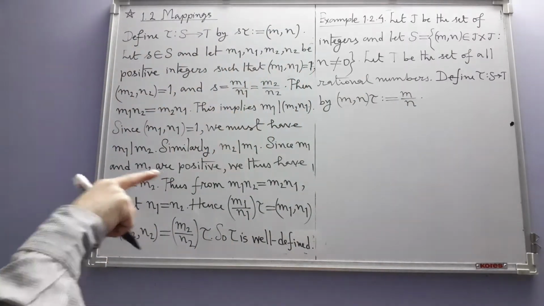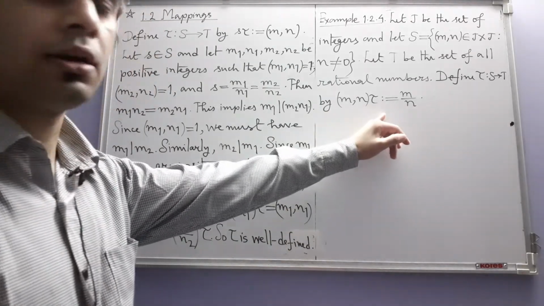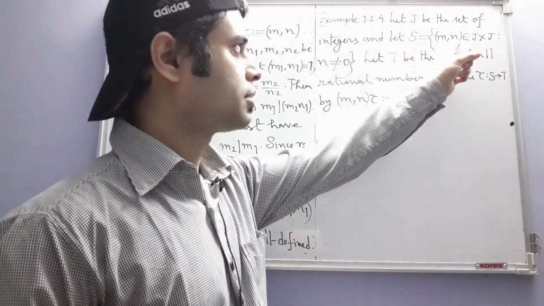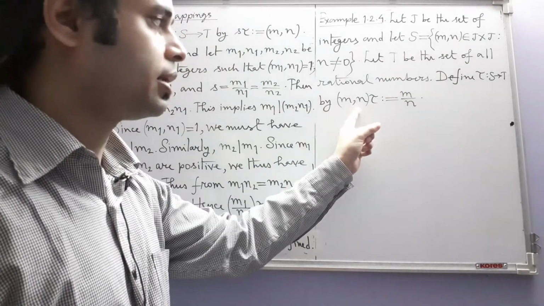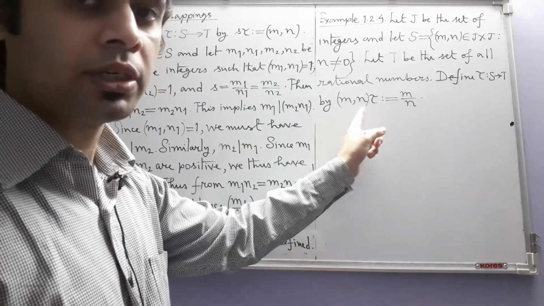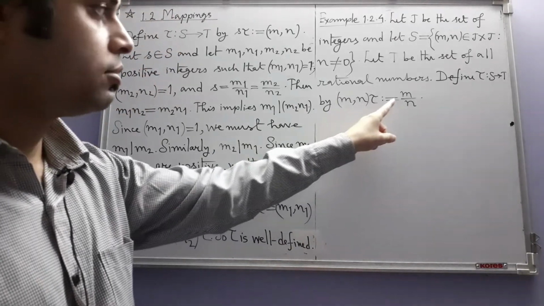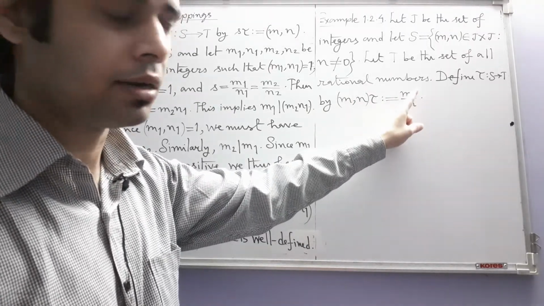Unlike the previous example, here there is no problem verifying that tau is well defined. We are taking ordered pairs from S and applying tau on that ordered pair, where the coordinates are integers and the second coordinate is non-zero. So we can form this ratio and it is going to be a rational number.